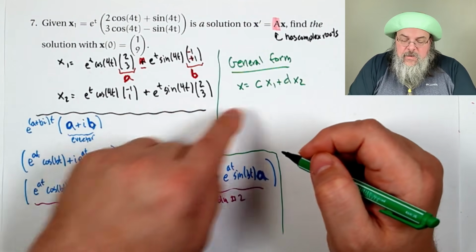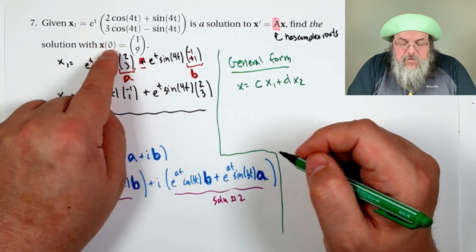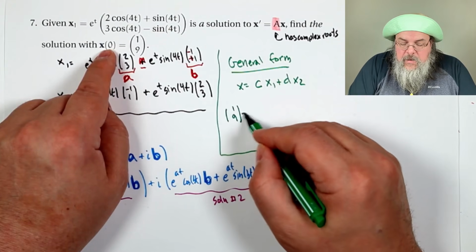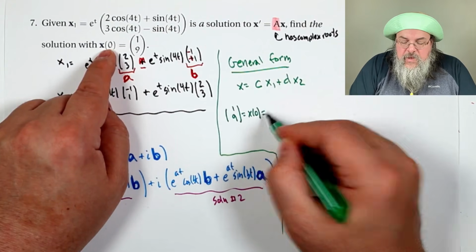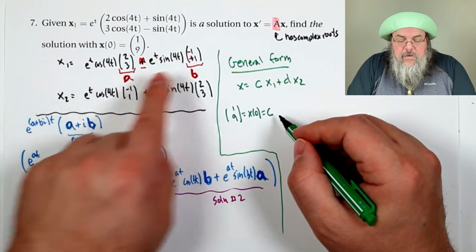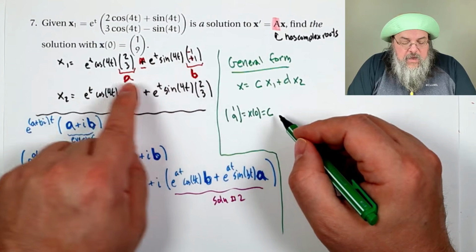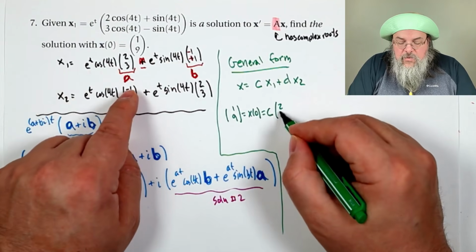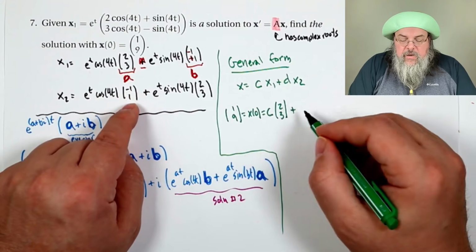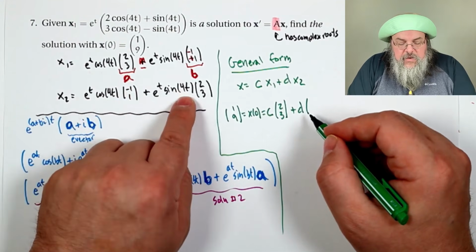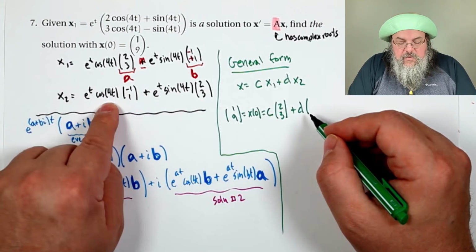So we're going to plug in t equals 0. And so we get that 1, 9, that's x of 0. That's equal to c times x1 of 0. Now I plug in 0 into the sine, that goes away. e to the 0 and cosine 0 is 1. So that's 2, 3 plus d. And again, plug in 0, that goes away. e to the 0 and cosine 0 is 1.